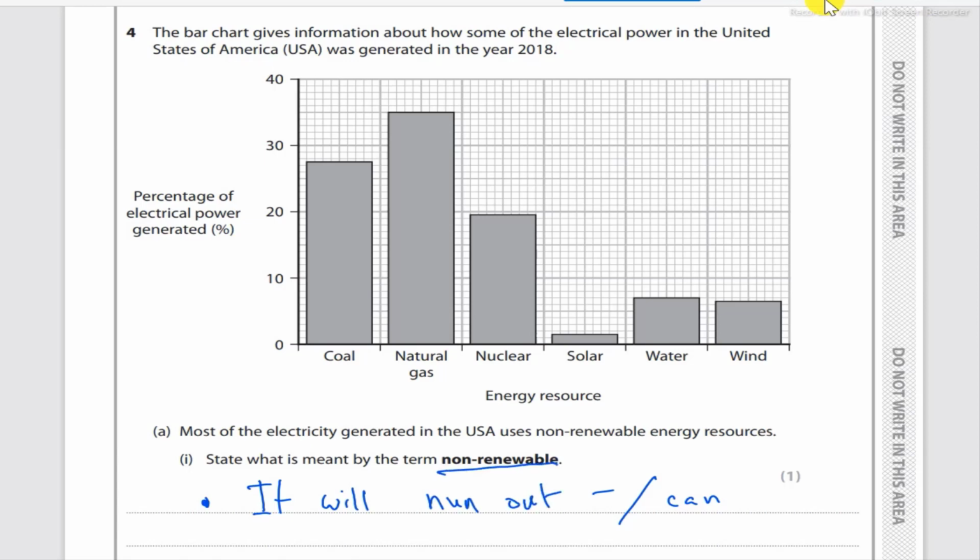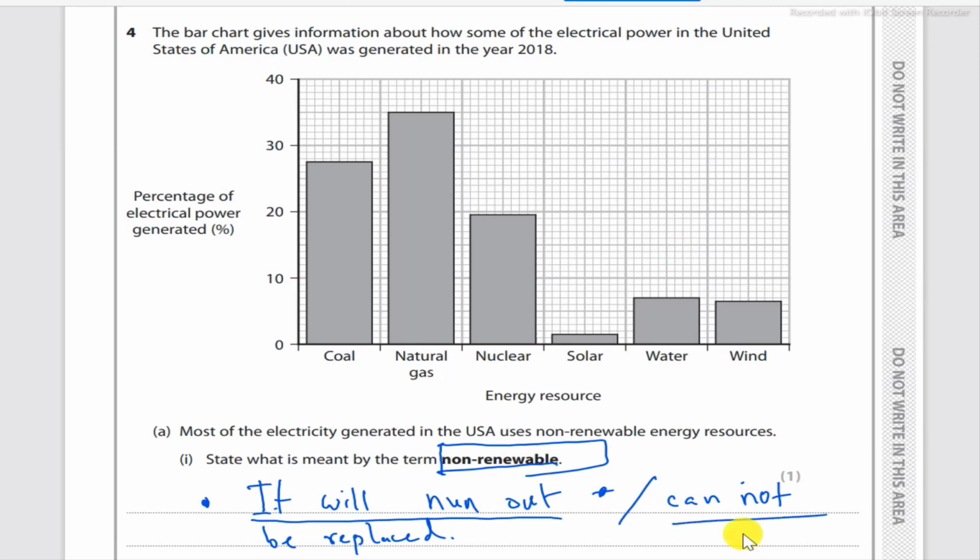That means it cannot be replaced. So non-renewable energy means we cannot reuse it. That means it will run out or cannot be replaced.